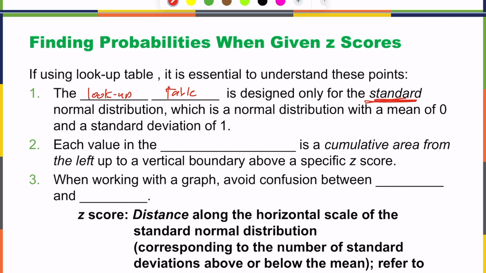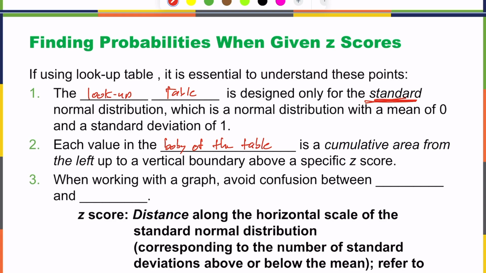Each value in the body of the lookup table, I'll show you what I mean by that, is a cumulative area from the left up to the vertical boundary above a specific z-score.